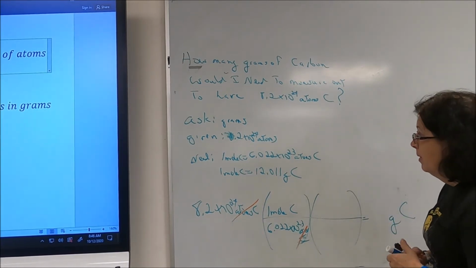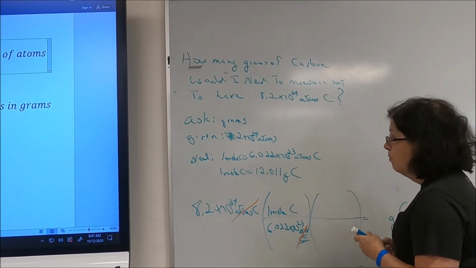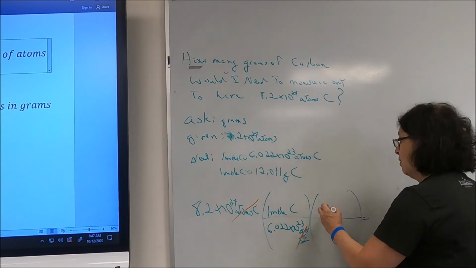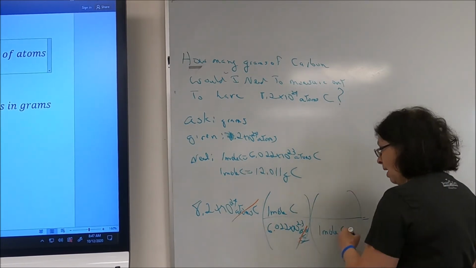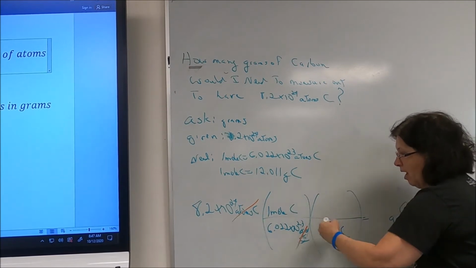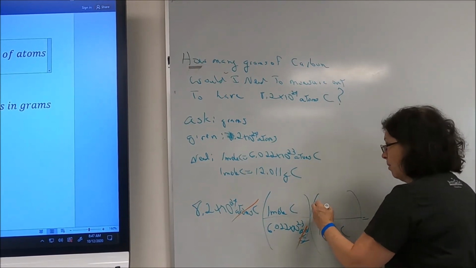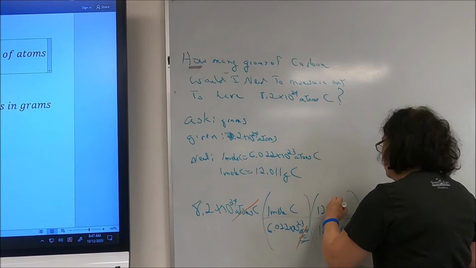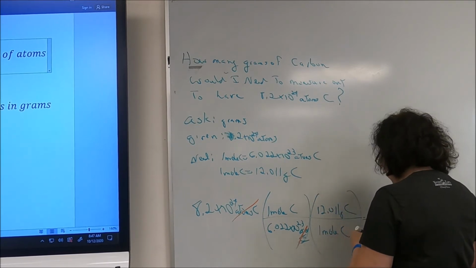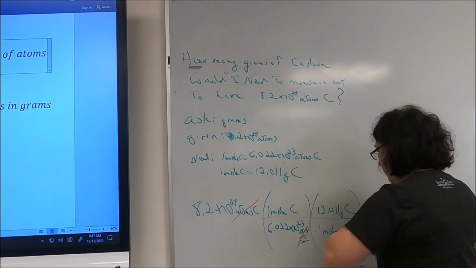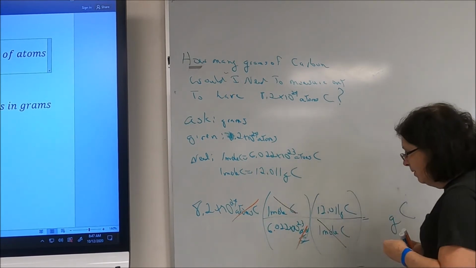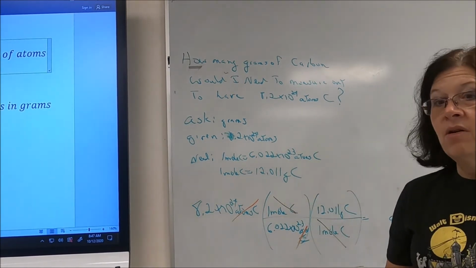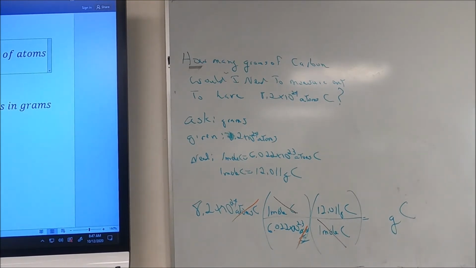I'm in moles of carbon. Now I can go from moles of carbon to grams of carbon. So I'm going to put the 1 mole of carbon on the bottom, opposite that, and 12.011 grams of carbon on top. So now notice that moles of carbon and moles of carbon divide out. I'm left in grams of carbon.